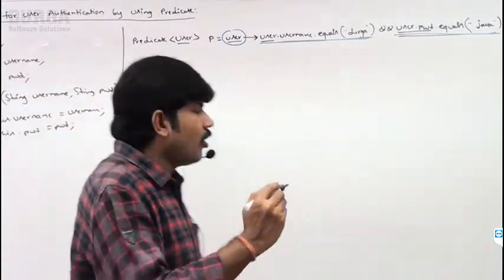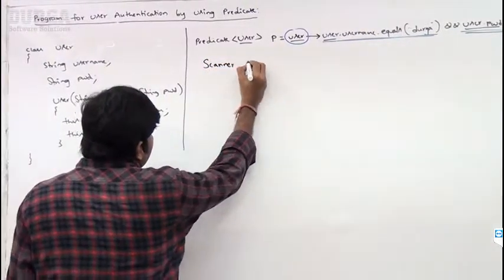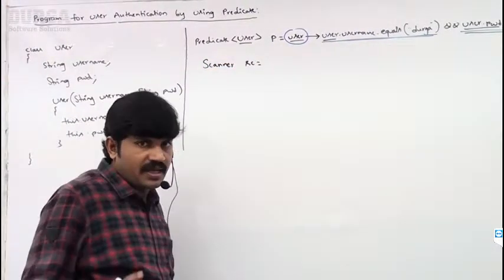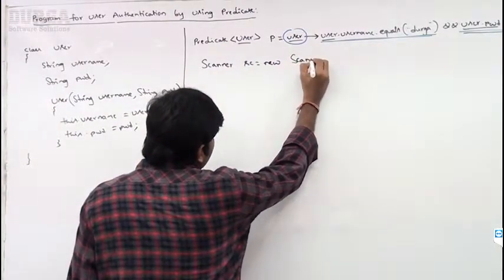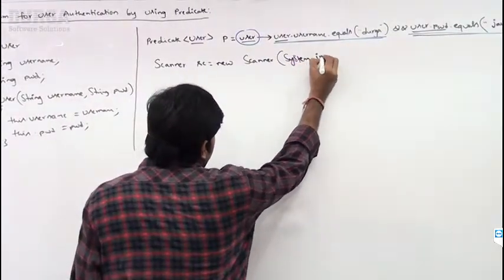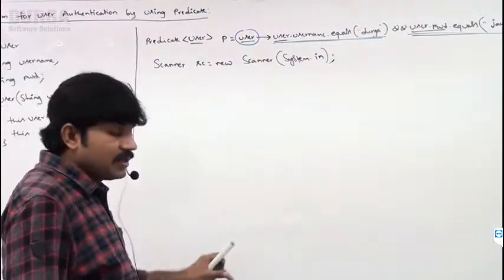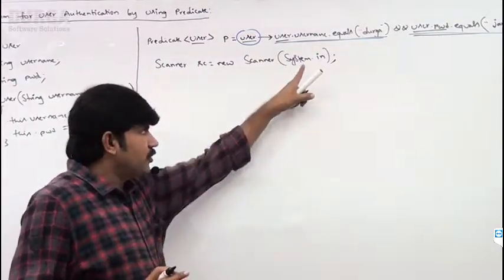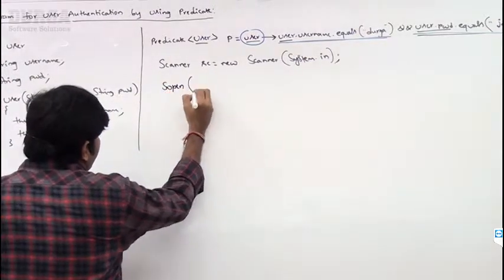Let me create a Scanner object. Scanner sc is equal to new Scanner of System.in. Remember, now this is pointing to the keyboard. Now I will ask the user to enter username.